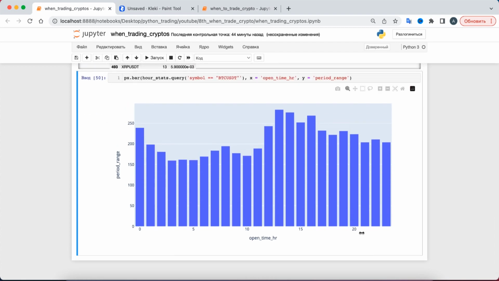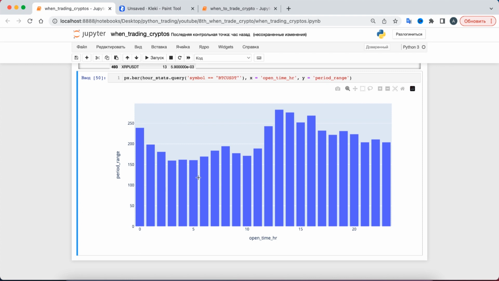Bitcoin volatility. And you can see that the median price range at 30 and 40 is biggest. Also, we can face high volatility at midnight.